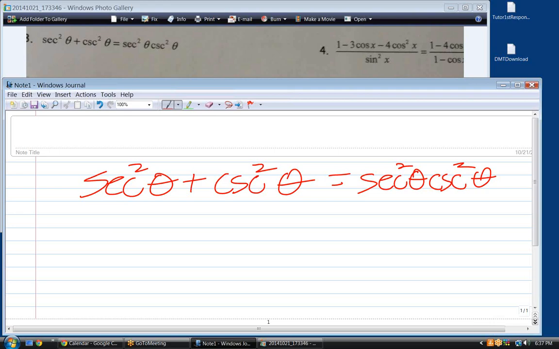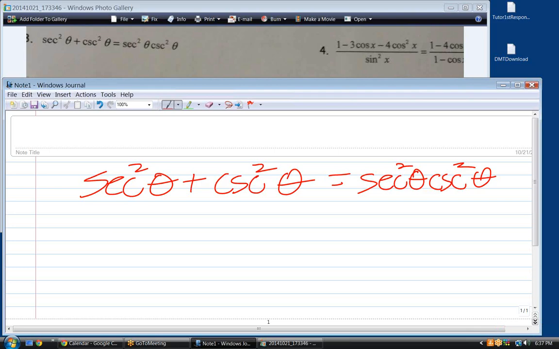I just did this. I should be able to remember how to do it. Well, I can turn secant squared into tangent squared plus 1, but that doesn't help because there's no other tangent squareds anywhere.